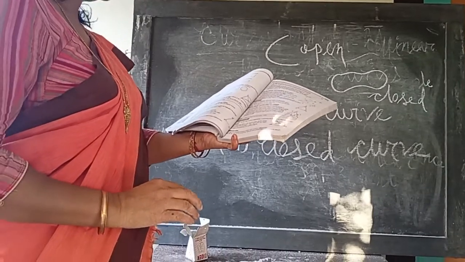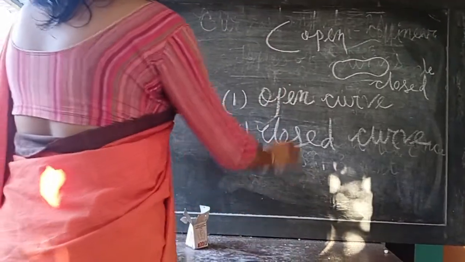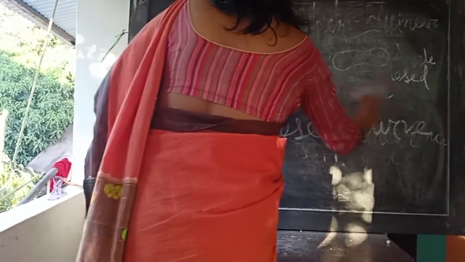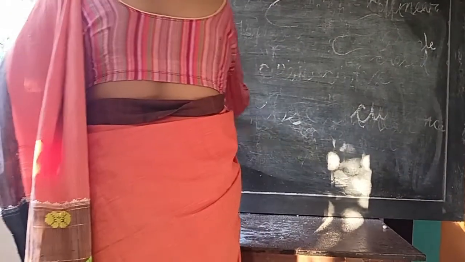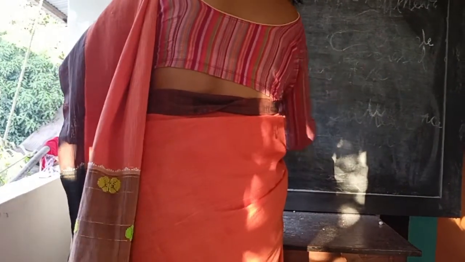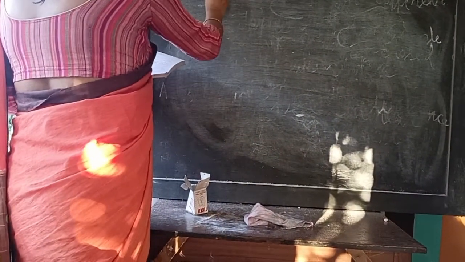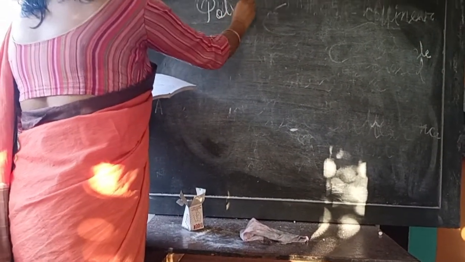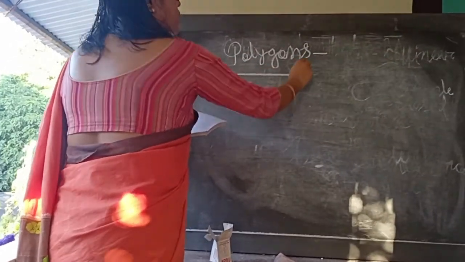Then see polygons. Polygons are closed figures with more than 2 sides, and made of line segments. What is a polygon?